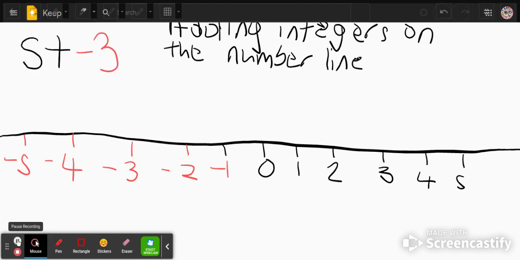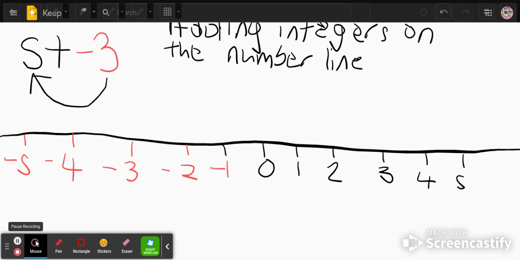Okay, so this example says 5 plus negative 3. So in this case, a negative number is being added to a positive number, right? And when a negative number is being added to a positive number, you would move to the left, right? Because remember, earlier I stated that when a positive number is being added to a negative number, we move to the right.